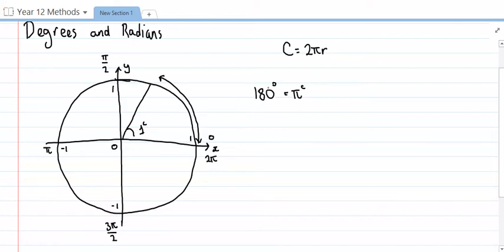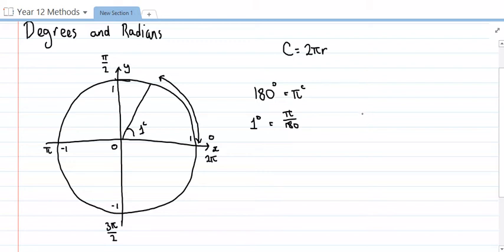So the first one, we could divide both sides of the equation by 180. If we were to do that, 180 divided by 180 just gives us 1 degree. And on the right hand side of the equation, pi divided by 180 is just going to stay as exactly that because it doesn't simplify very nicely. Alternatively, I could choose to divide both sides of the equation by pi.